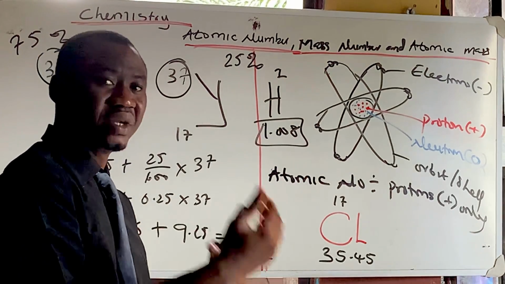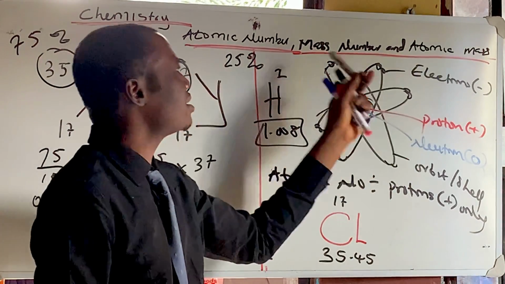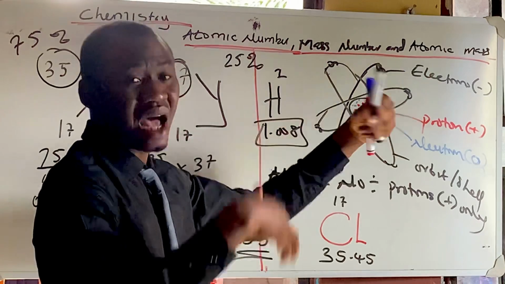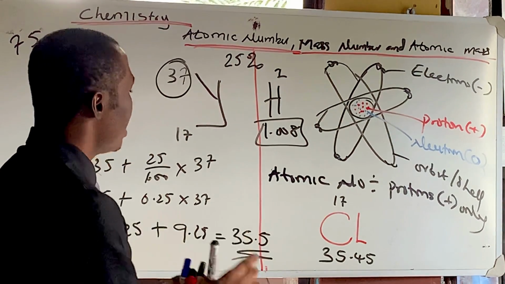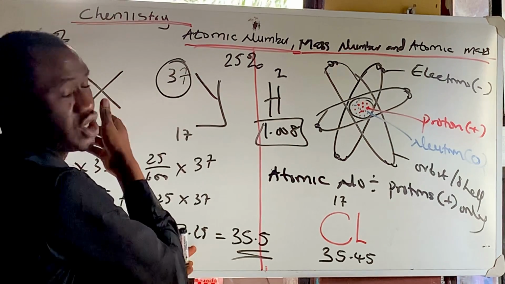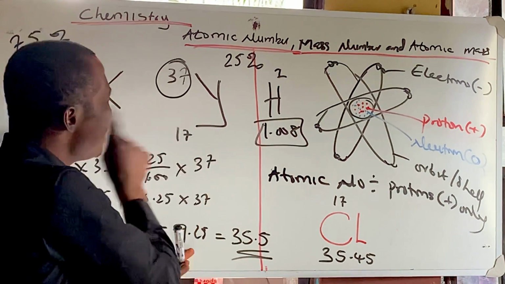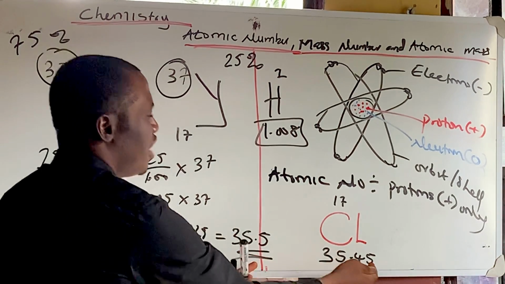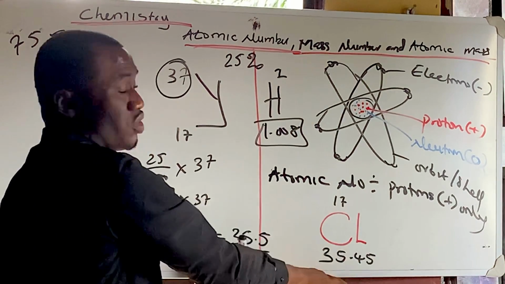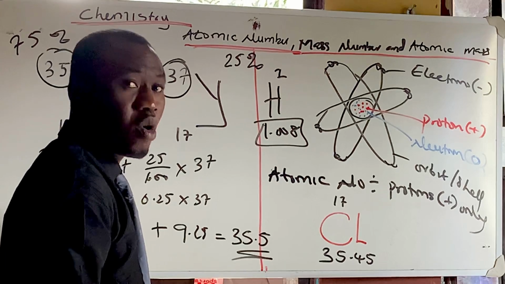This 1.008 refers to atomic mass, not mass number. Notice that the average of the two isotopes is about 35.5.